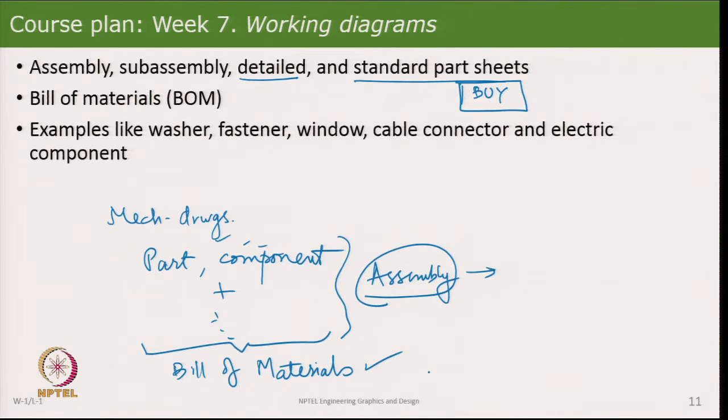It could be an electrical circuit, it could be the building, it could be a piece of furniture, it could be a clothing part, it could be anything like say your pressure cooker. All of that has many individual components which come together to make that final product.